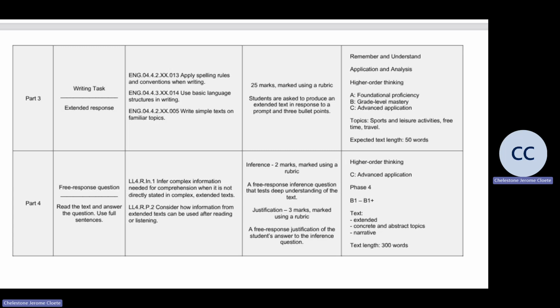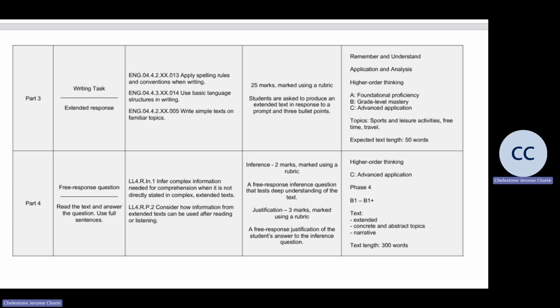All right. So this will be based on the text. You will not get the answer out of the text directly, but because of what you read in the text, you need to infer meaning, and then answer the justification question, which is 3 marks, which you then give evidence from the text to why you gave the answer in the inference questions.